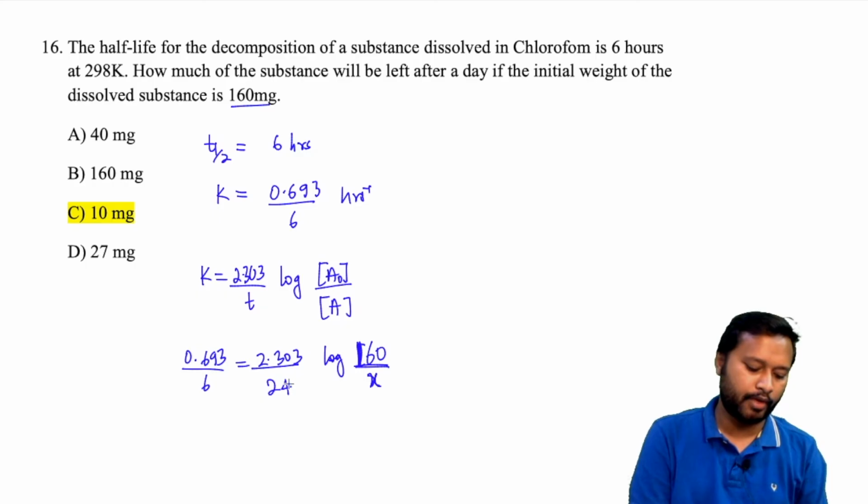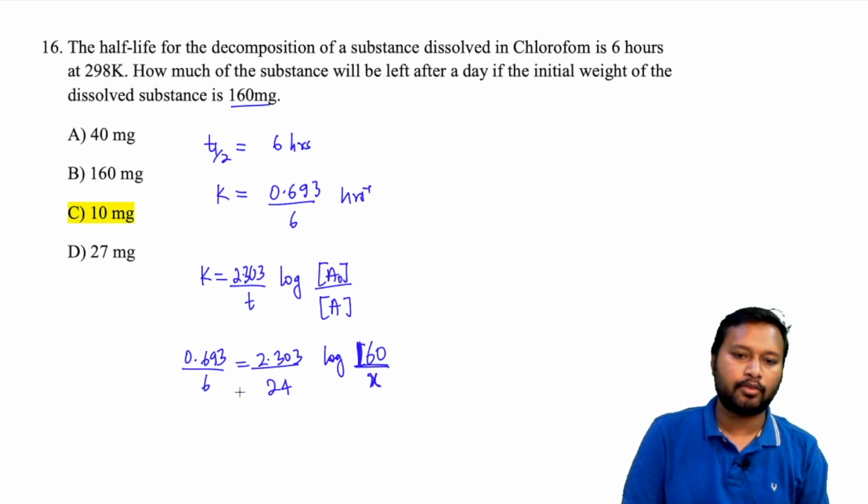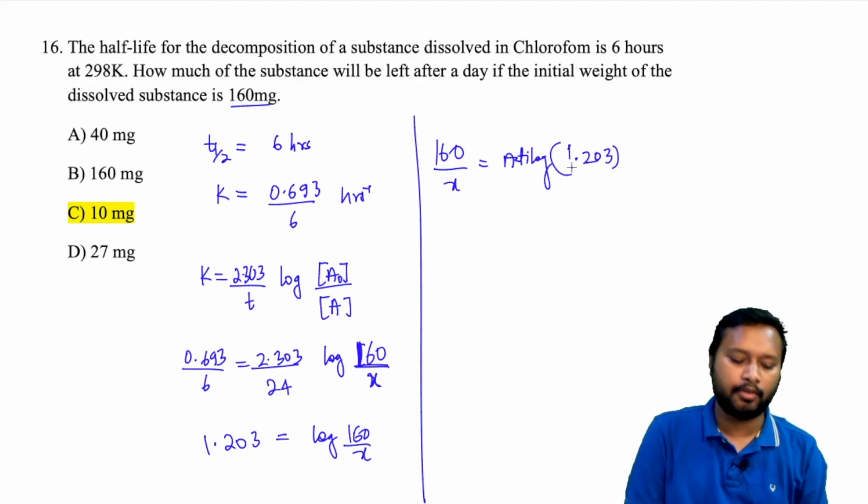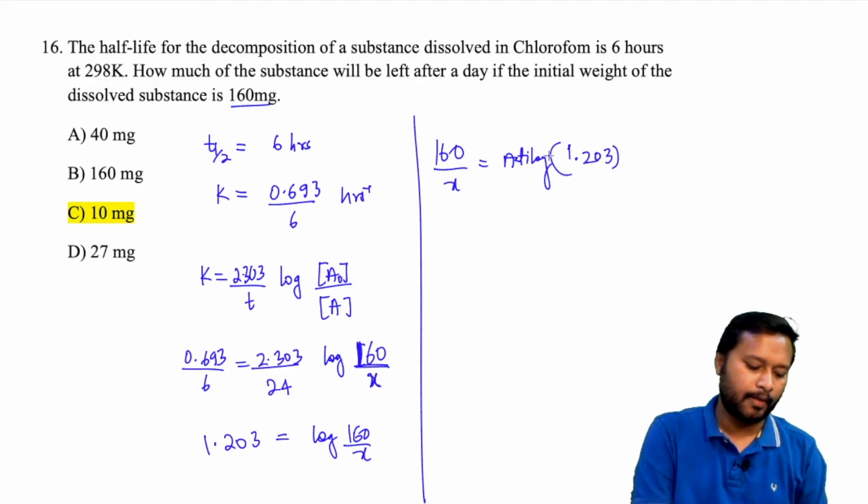So you have 0.693 multiplied by 24, and then you divide this value by 6, and whatever it comes to, divided by 2.303. So your answer will come out as 1.2036. Okay, that's what it will be, and it will be log of 160 divided by X. So 160 divided by X will be the anti-log of 1.2036.